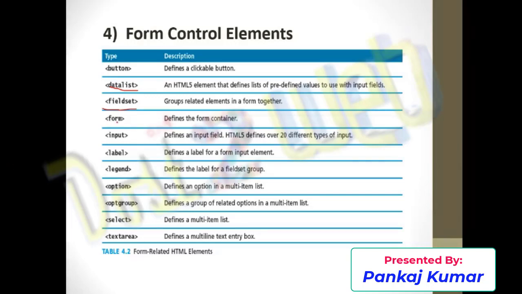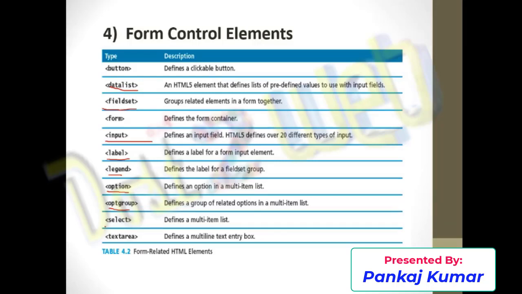Then as usual in a form, we know that input is for the input text box, and label is just defining the name. The legend is defining the label for the field set group. Optgroup is used when you want a multi-list item, that means a group of related options, and you are going to select multiple options.